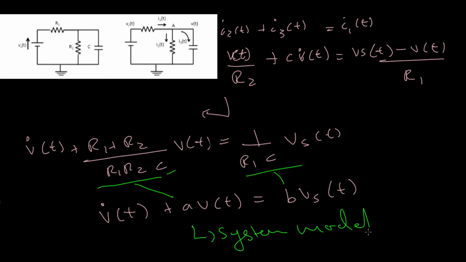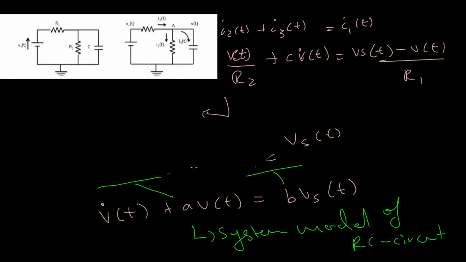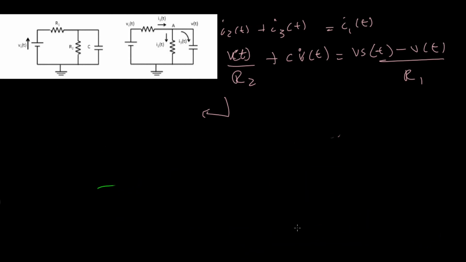System model of the RC circuit, very simple. And let's take a few steps back. There's something I want you to see. Let's get rid of all of this, and let's go back to the first example.